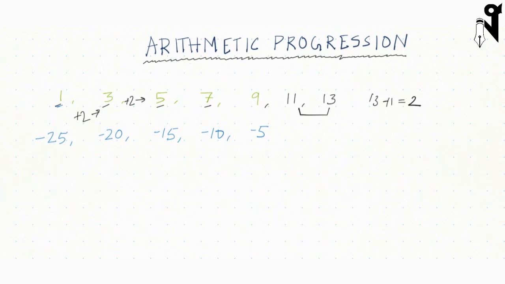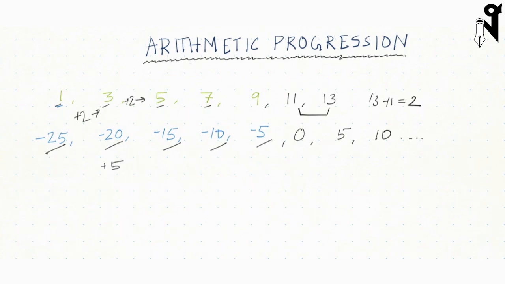I have minus 25 over here, then minus 20, minus 15, minus 10, minus 5 and so on. You know that the next term is going to be 0, followed by plus 5, plus 10 and so on. What is the common difference, or that constant difference, between the consecutive terms over here? That is correct, it is plus 5.